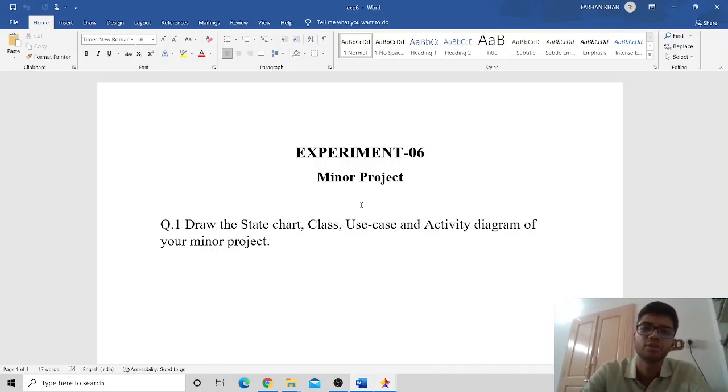Okay, so for this project, we first start with the state chart diagram.